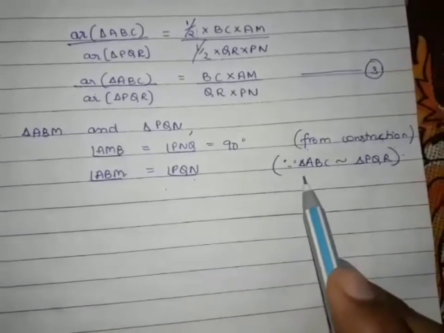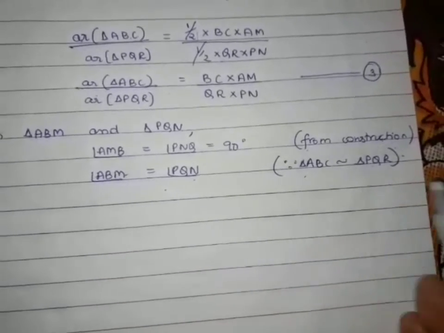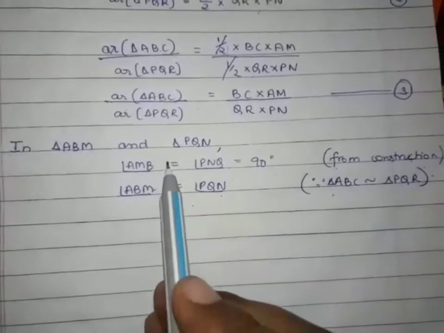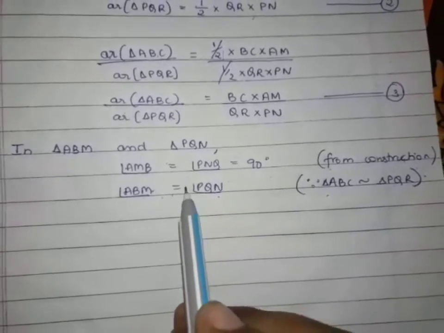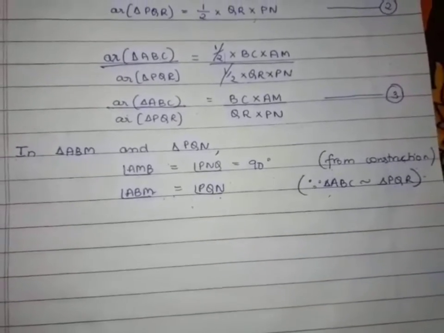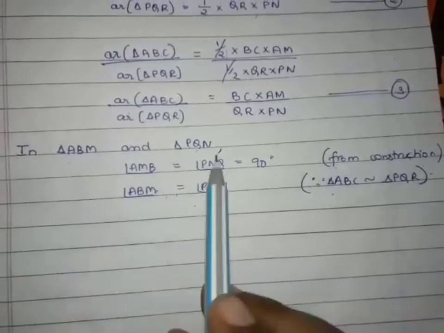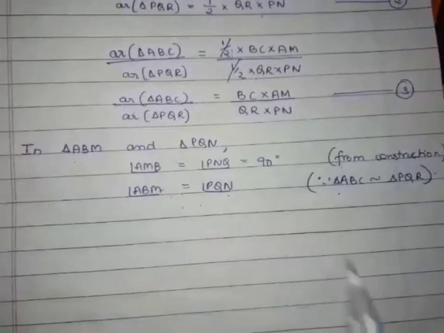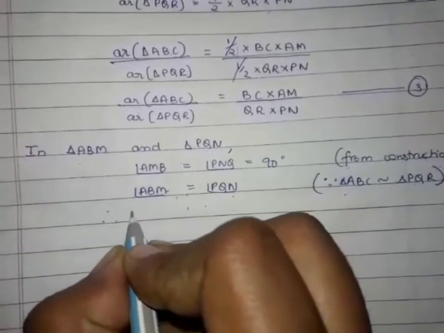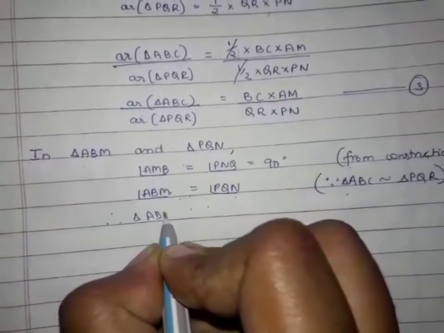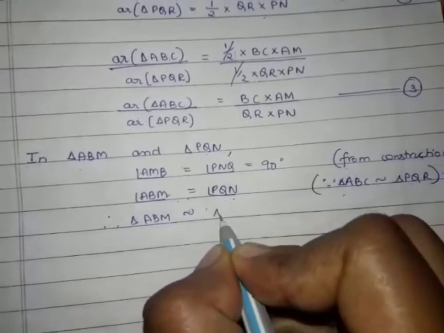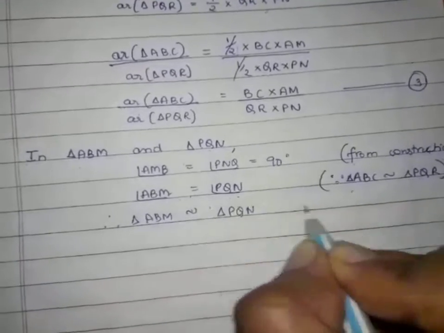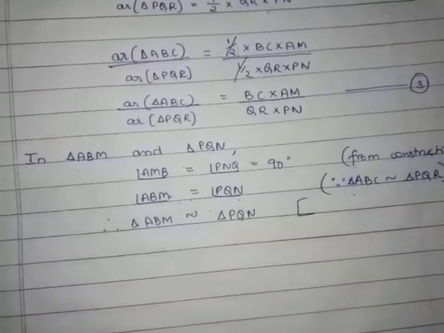Why are they equal? Because the two triangles are similar. Now what do we have? We have two corresponding angles of two triangles equal. So we can write that the two given triangles are similar. Therefore, triangle ABM is similar to triangle PQN from AA similarity criteria.